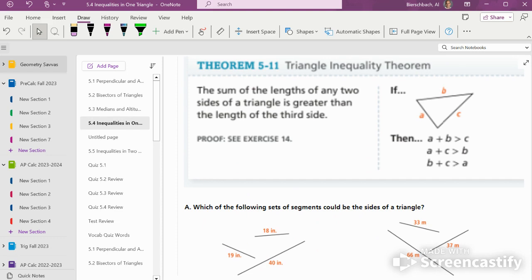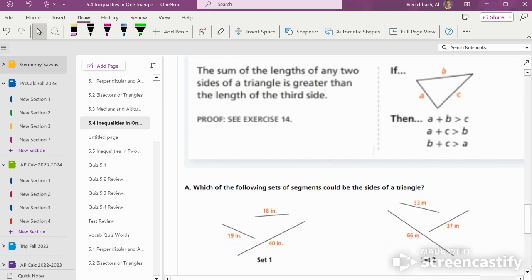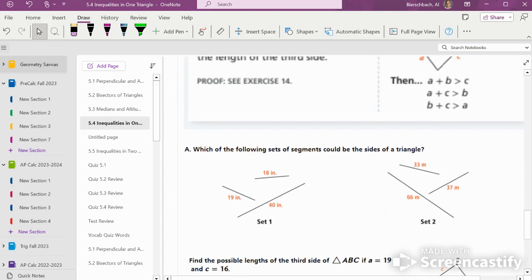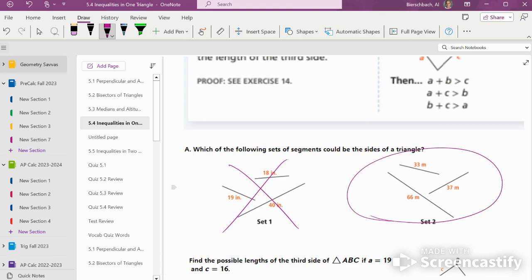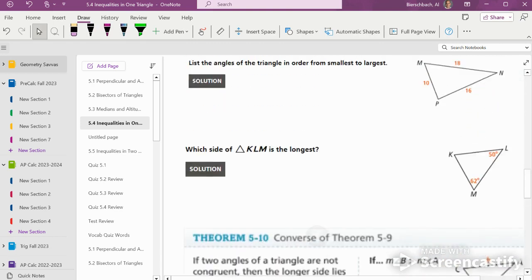So 2 sides added up have to be larger than the other side. Now, you could take the biggest and the smallest and whatever and make them work. So let's look at this. Does this make a triangle? 19, 18, and 40. No, that will not make a triangle. Does 33, 37, 66 make a triangle? Yes, because the 2 smaller ones are bigger than the biggest one.